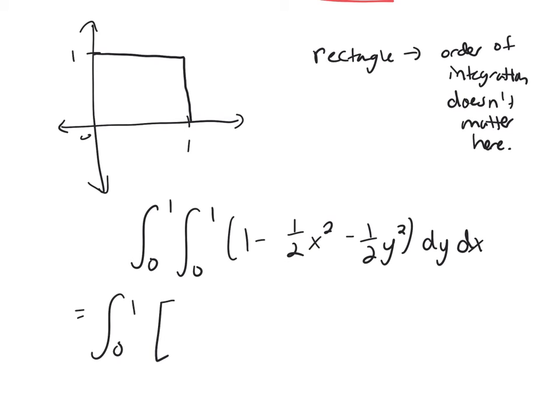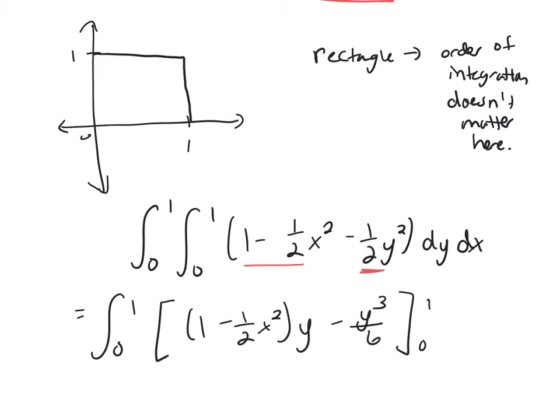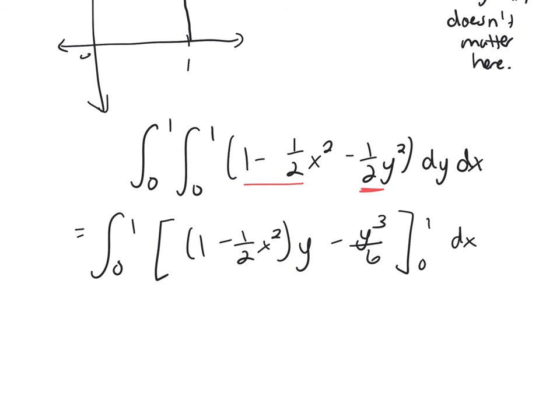So notice these first two terms don't have a y in them, so they're constant. So you'll get a y there. And in the third term, you would integrate and it would be y cubed over 6. And now you're going to plug in 1 and 0 in place of y.